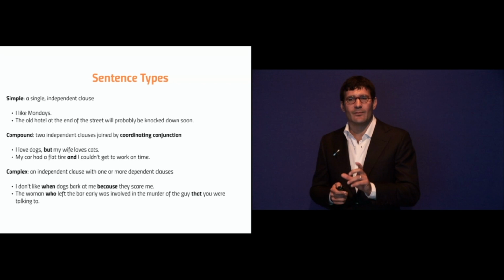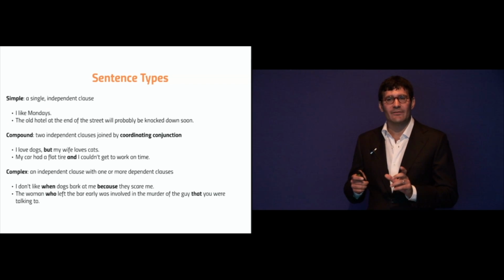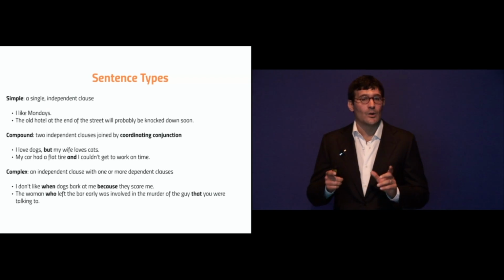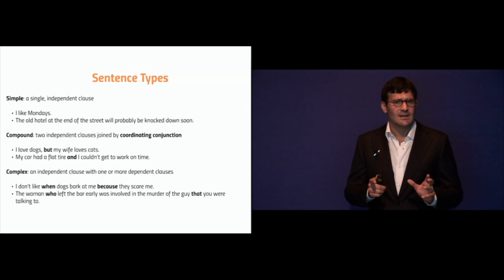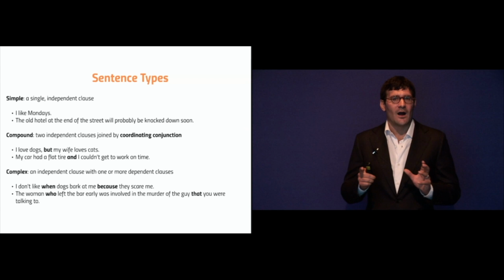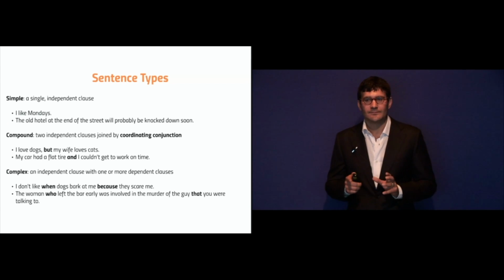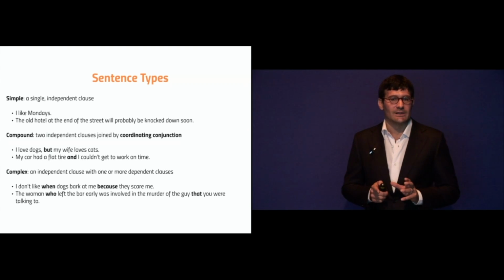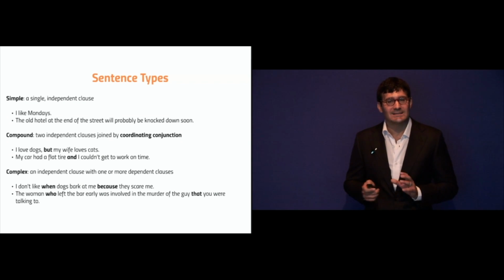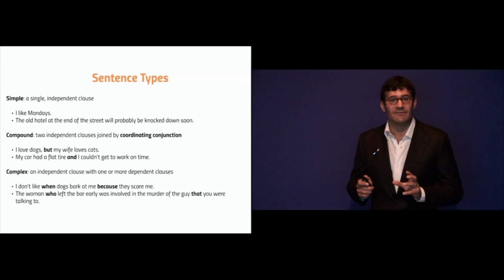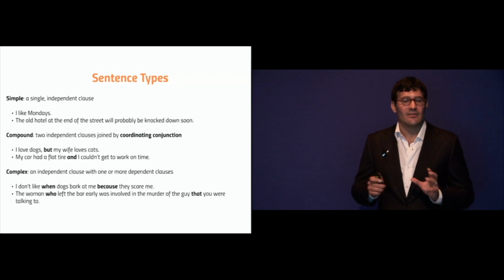The woman who left the bar early. So this who left the bar early is dependent on woman because it defines that woman. It makes that woman a little more specific. So it's dependent on this idea of the woman, of the guy that you were talking to. Once again, this that is joined up to the guy. Makes that guy a little more concrete. It defines that guy. It's dependent on that guy.